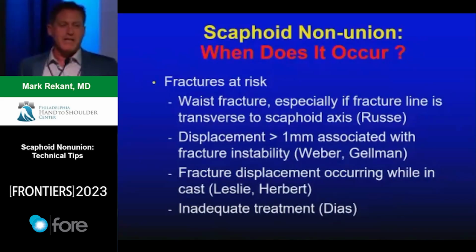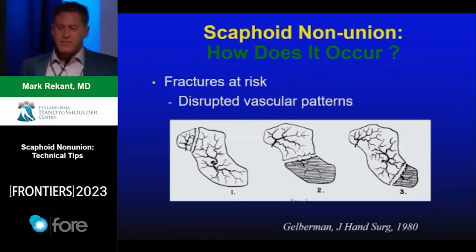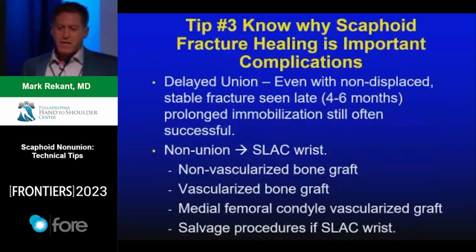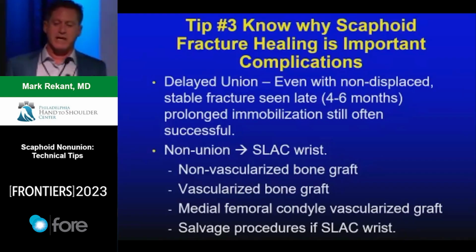So unfortunately, that patient who had a wrist sprain and then didn't do anything for 3 months finally shows up with problems. And this is sort of the fractures at risk. You can see the dysvascularity patterns. Delayed union can occur. You can see these even with immobilization. It's again hard to predict which fracture is going to heal, which fracture is not going to heal.